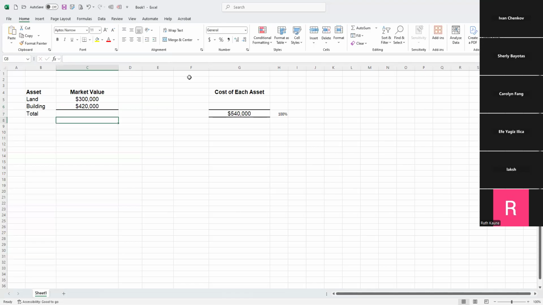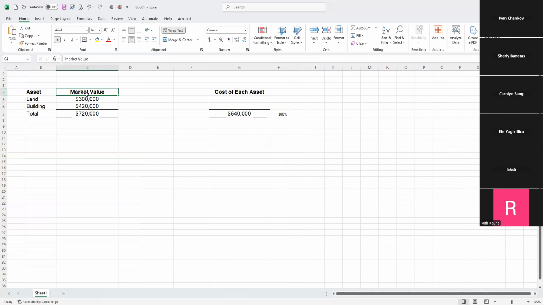So how much is the total market value? $720,000, which I already paid for those. I already bought them, land and the building. I paid $540,000. Now try to figure out again how much of those $540,000 to put for the land and how much to put for the building.